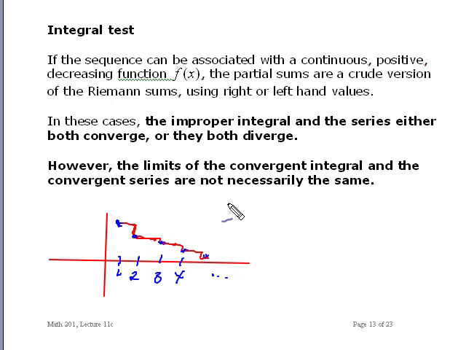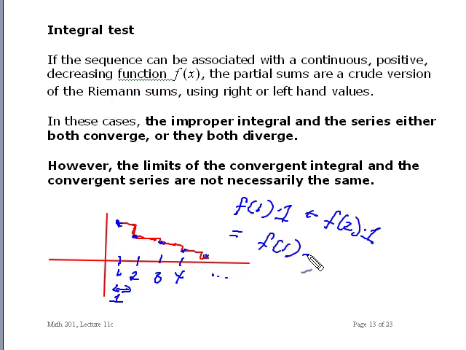Okay, so if I integrated, I could take the value of the function at 1, so it'd be the function at 1 times the step size here. But what is the step size? It's 1. Plus the function at 2 times the step again, which is 1. So you see that looks like f1 plus f2 plus f3.